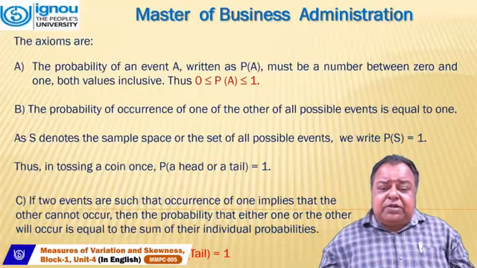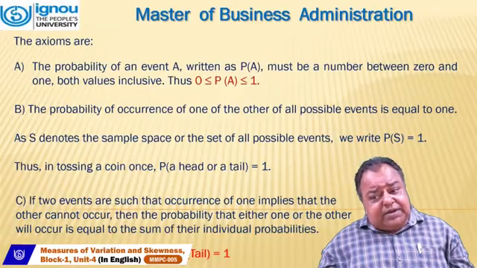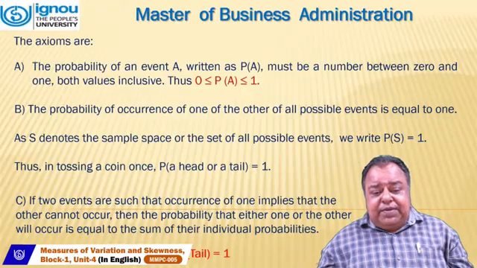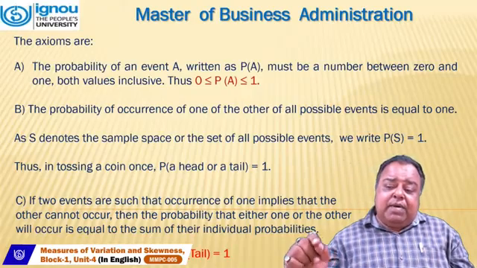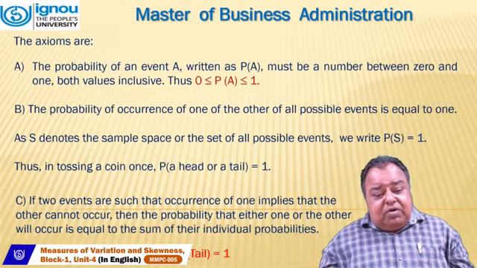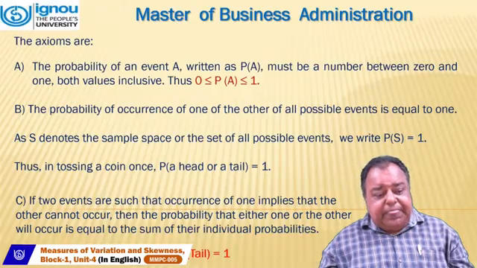The probability of occurrence of one or the other of all possible events is equal to 1. If S denotes the sample space, the set of all possible events, then we can write P(S) equal to 1. In tossing a coin once, the probability of head or tail will be 1.